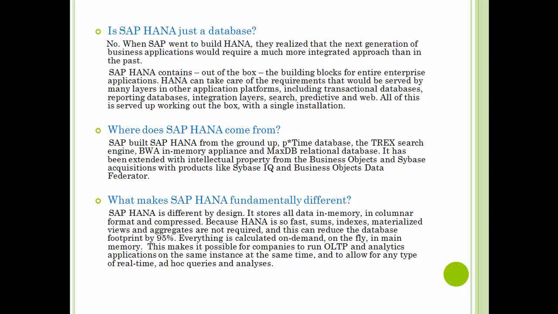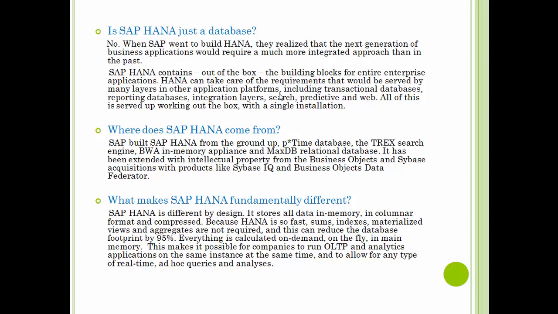So SAP HANA contains, out of the box, the building blocks for entire enterprise applications. So it's an enterprise package. HANA can take care of the requirements that would be served by many layers in other application platforms. So it's simpler in landscape.